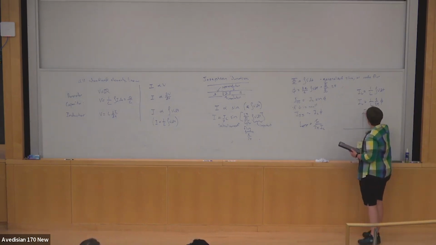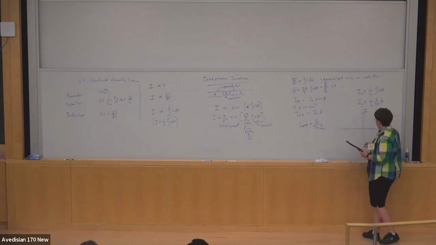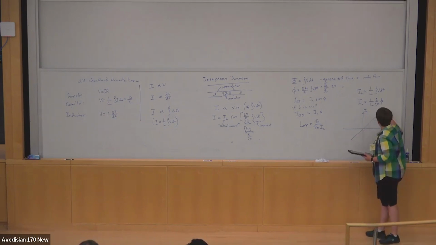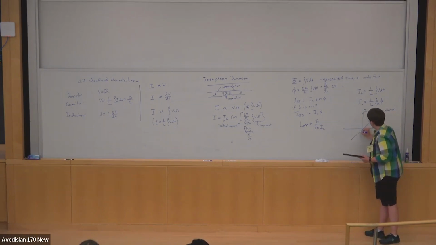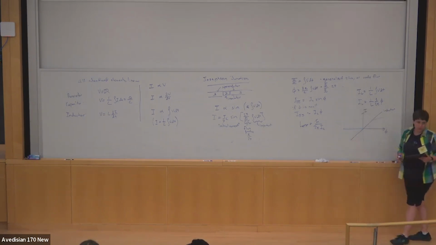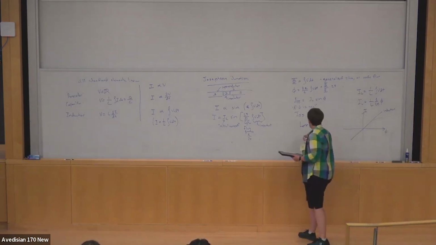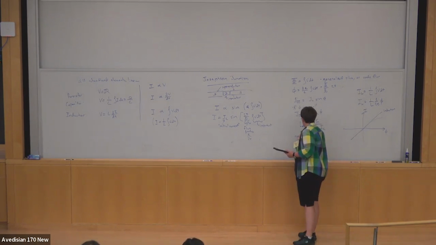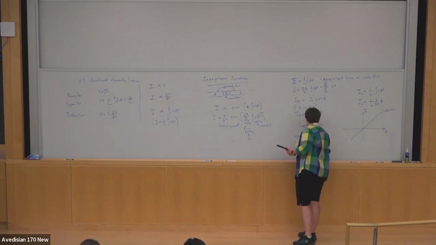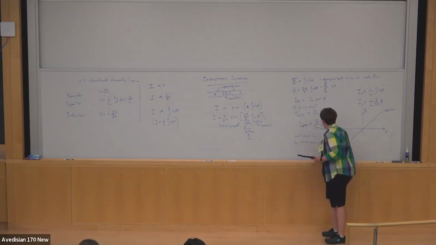And so if you make a plot of I versus phi, then the actual inductor is going to be straight like this, and the Josephson junction sort of peels off. And so you can think of this as a nonlinear inductor, and L increases with phi.